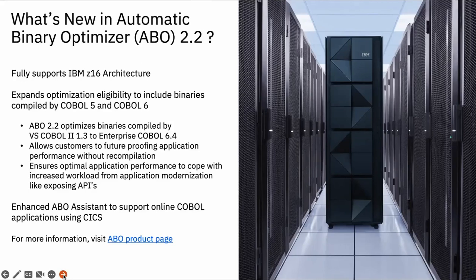ABO Assistant automates the process of finding the biggest CPU consumer for COBOL, and then we generate reports so that you can be more methodical in the process of optimizing your applications. Also, when you talk about COBOL and CICS applications, they are mixed applications, and ABO is only a COBOL optimizer.